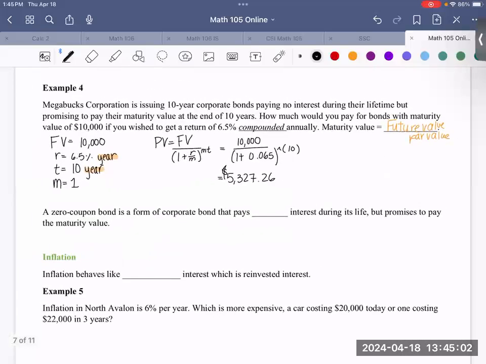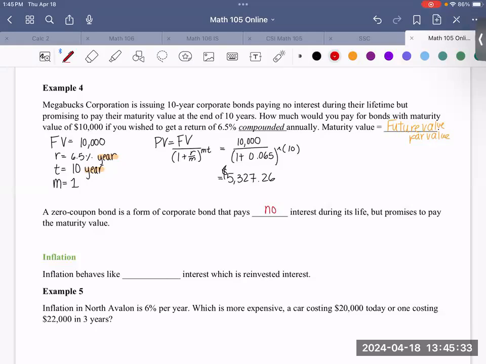Okay, I want to make sure that we answered the question. All right, there you go. Now, a couple more things to note. You can have a zero coupon bond. A zero coupon bond is a form of corporate bond that pays no interest during its lifetime, but promises to pay the maturity value.